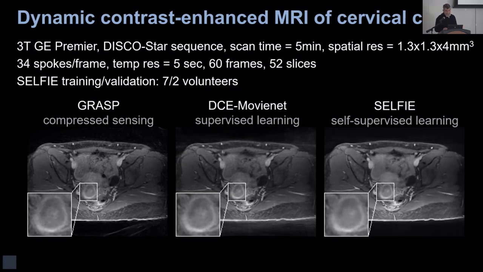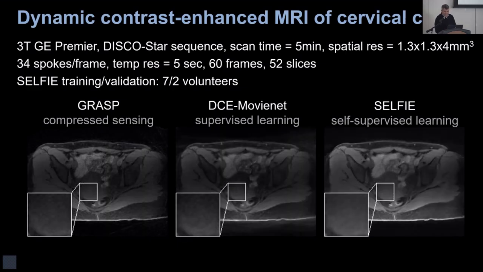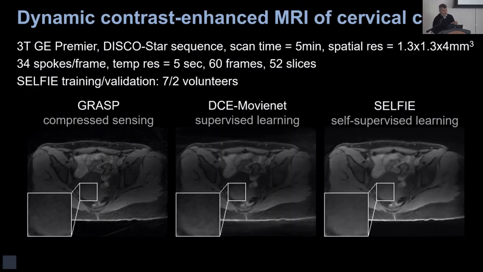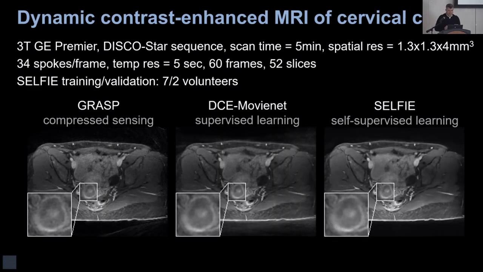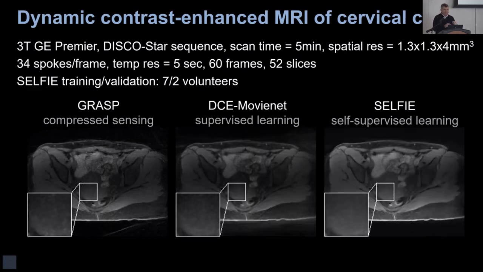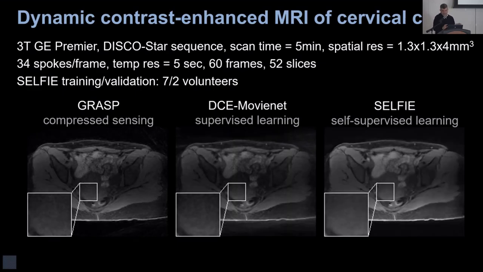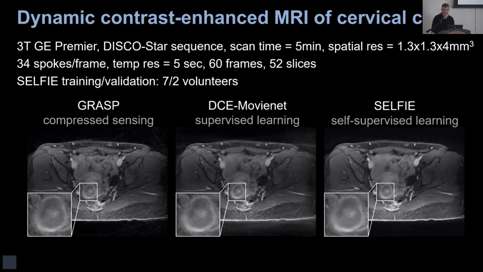So the main difference is, in GRASP, we still see these residual streaking artifacts. Hopefully you're seeing them, yes. And also you're going to see in the tumor part, because this is a temporal total variation, sometimes you can see these staircase artifacts. Those are fixed in part by MovieNet, but there are still some residual streaking artifacts.